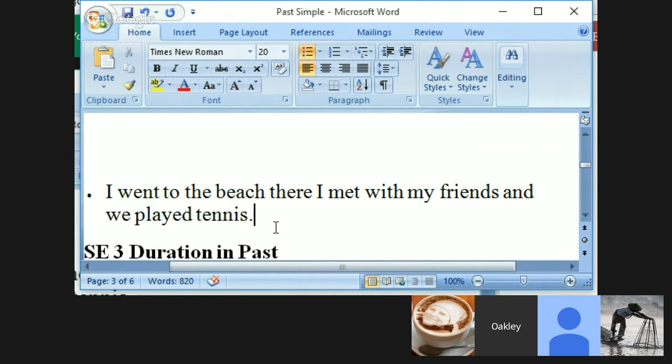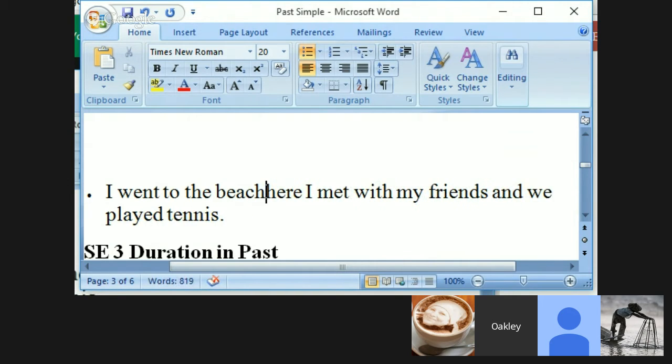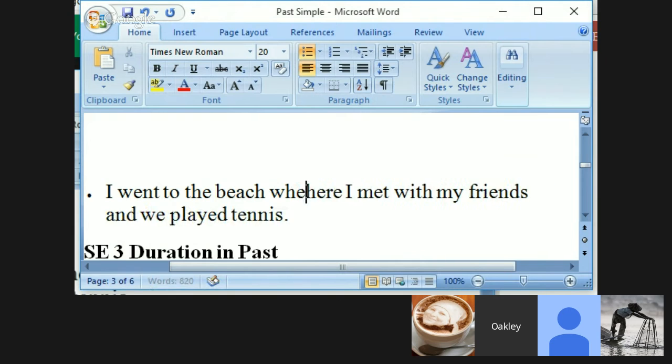This would be a little, see, normally this would be two sentences. There I met, okay, you would normally do this. There I met my friends and we played tennis. If you wanted to connect them, the normal way to connect them would be to do this. Where? Okay.